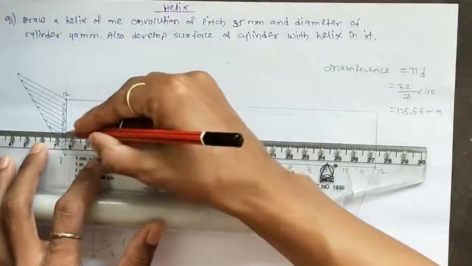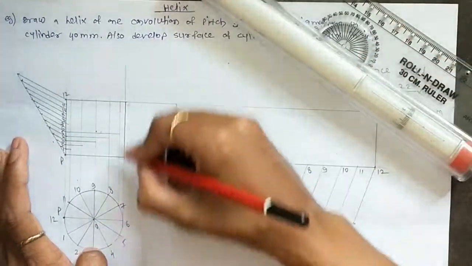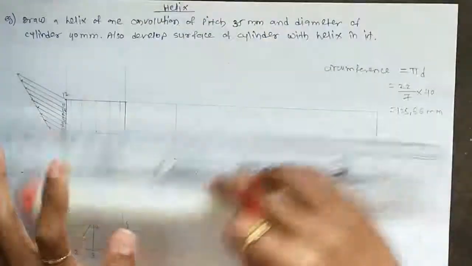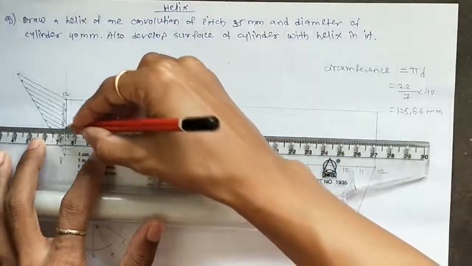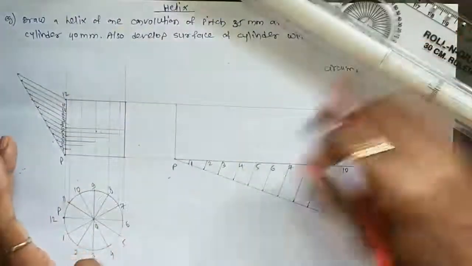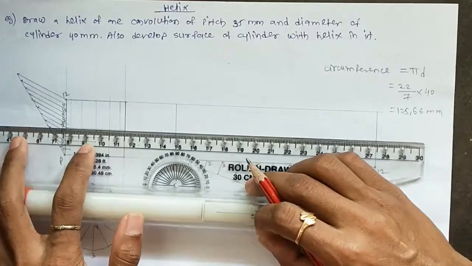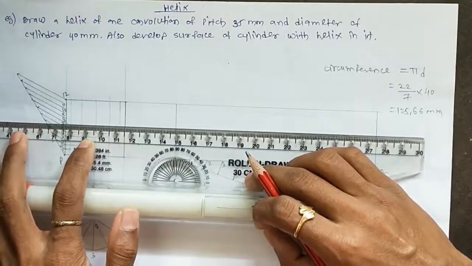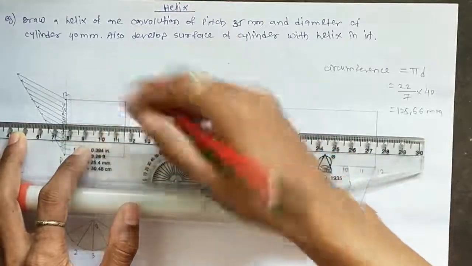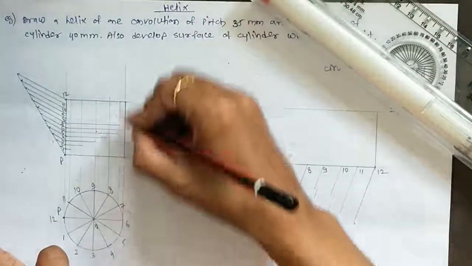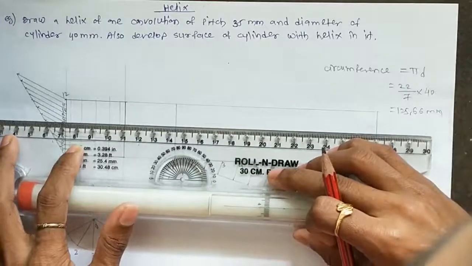Then take horizontal line from point 5 up to the vertical line of point 5 and 7. Then take horizontal line from point 6 up to the vertical line of point 6. Then horizontal line from point 7 up to the vertical line of point 7. And in this way draw all the lines.